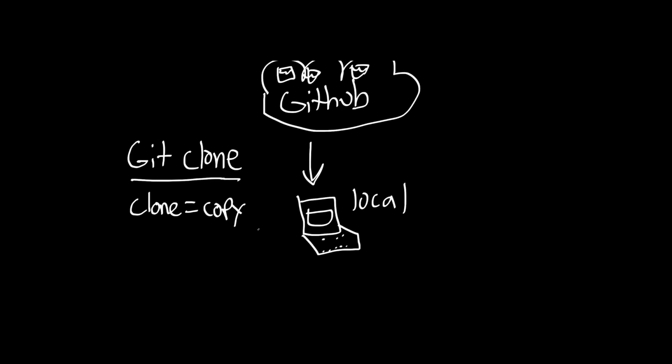Basically, the clone command will take a copy of the files from GitHub and pull them down to your machine in the exact way that they were before. So let's do this via the terminal window.